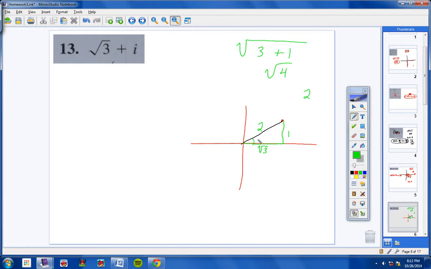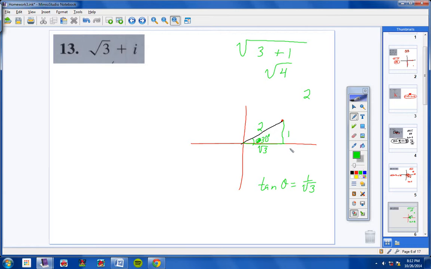Now let's find this angle theta real quick. And we will say tangent of theta equals opposite over adjacent, 1 over square root of 3. And we will get 30 degrees. So this angle right here is 30.